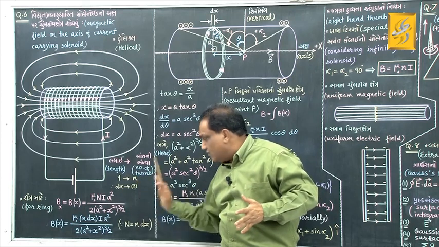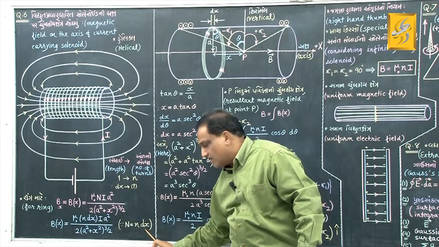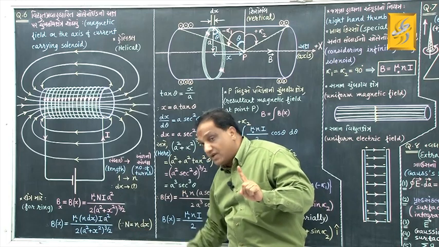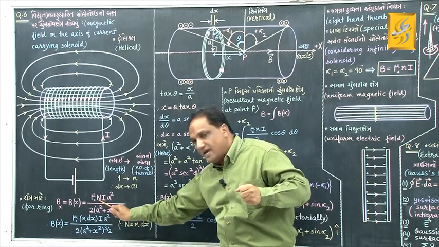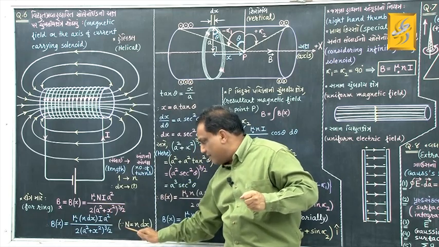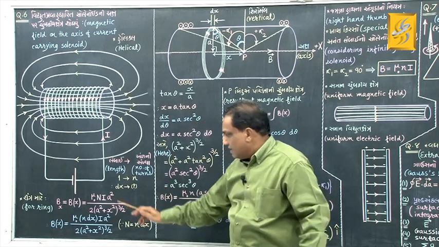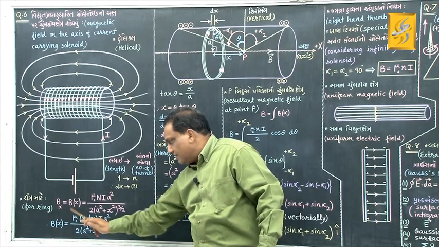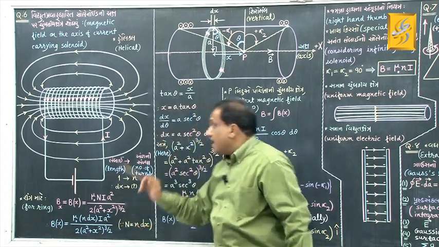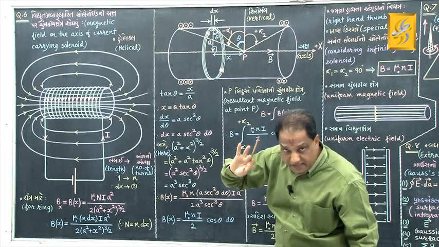It will be n into dx. Correct? So, n into dx will give me right now total number of turns in the considered ring, which earlier we had shown by symbol capital N. Correct? So, at present capital N is n into dx. Okay? Replace capital N by n into dx, that's all. This much magnetic field we will have at this point due to this considered ring, correct?